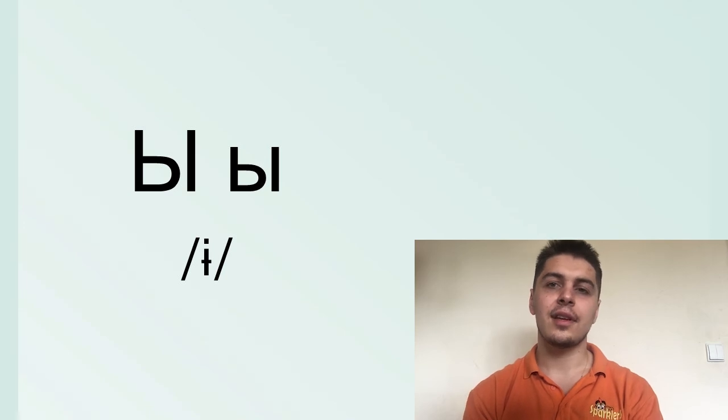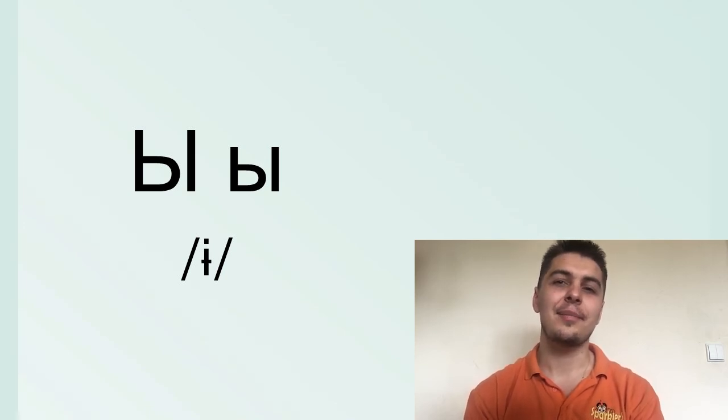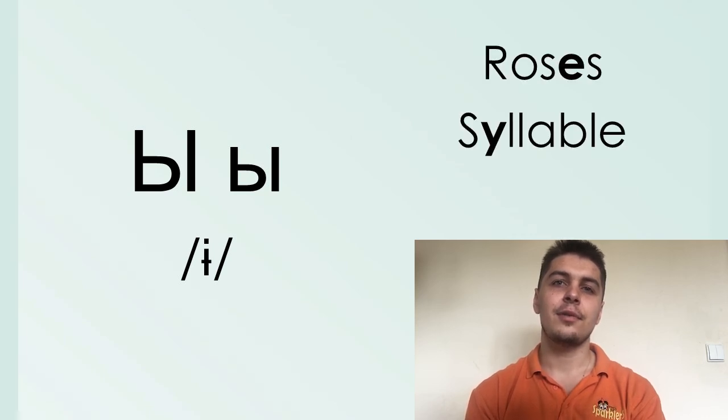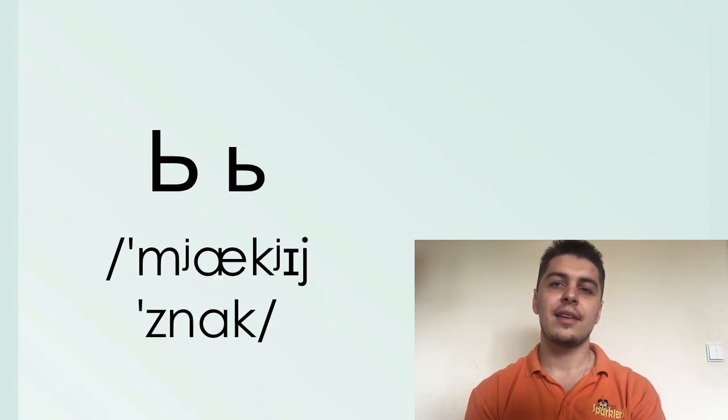We should pronounce it as if we're being punched in the stomach, and we should say y, as in the word roses or the syllable y. Next one, мягкий знак. It's the same situation. It doesn't really have any sound, just use it in order to pronounce words correctly.